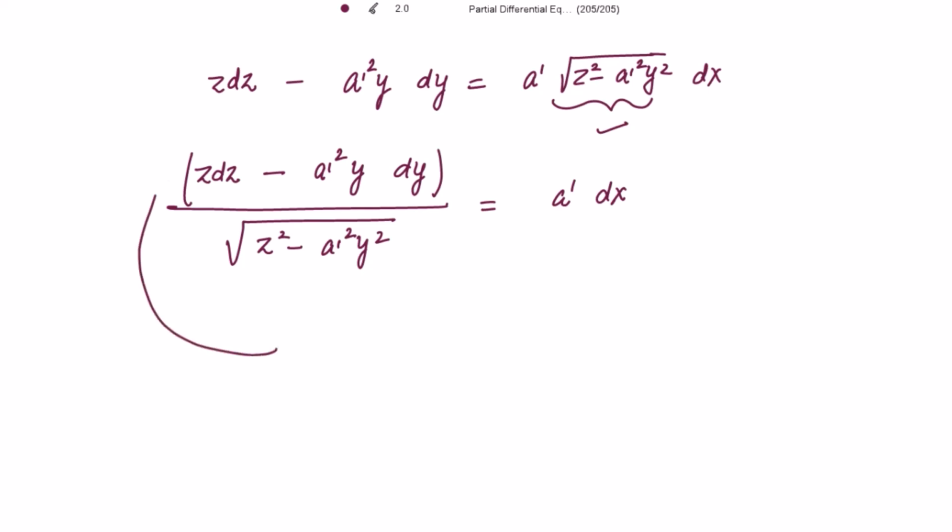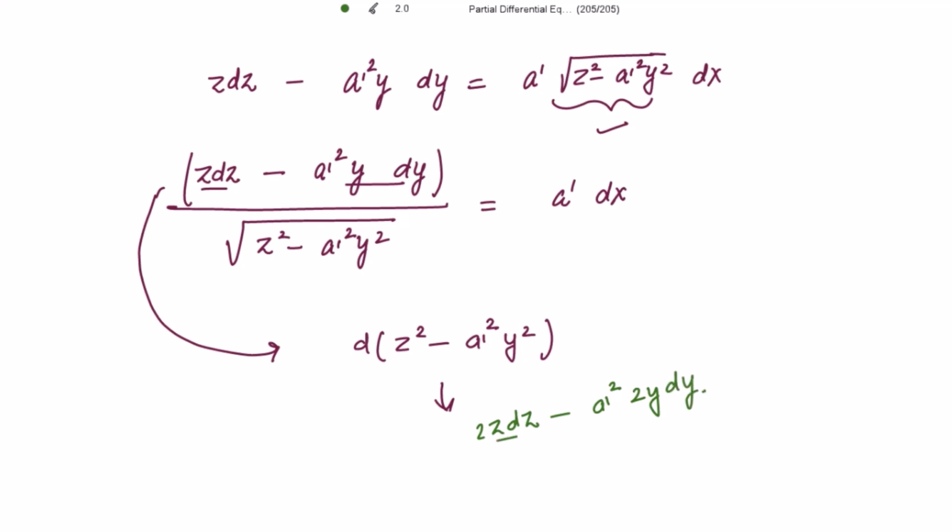Now how can I write this numerator? I know I am having z dz and y dy, right? So for that, let me write this as the derivative of z square minus a dash square y square. It is 2z dz minus a dash square 2y dy.